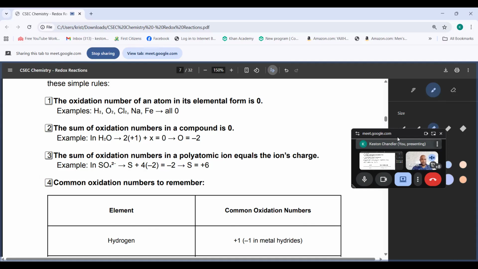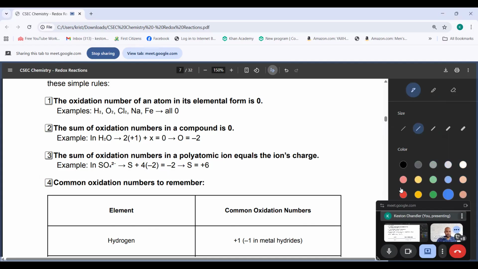We know that oxygen has a charge of -2, and there are 4 of them. So 4 by -2 is going to give us -8.